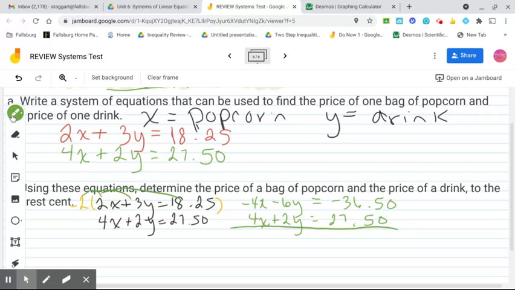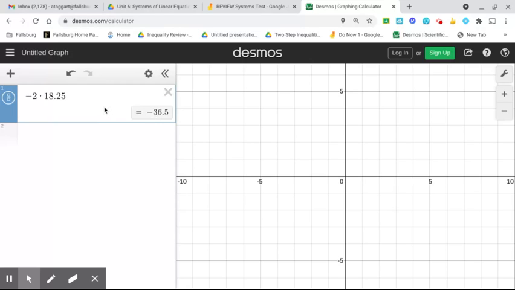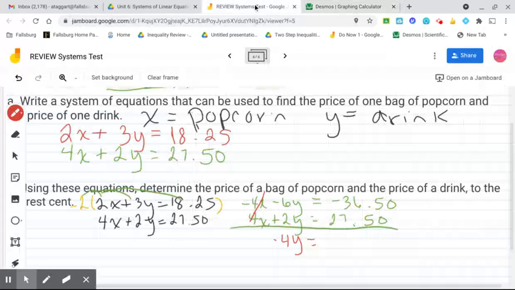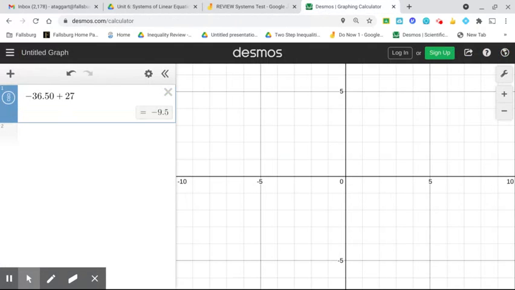Okay, so this right here, I'm going to be able to eliminate the X values because -4X plus 4X is 0. And I have -6Y plus 2Y gives me -4Y equals -36.50 plus 27.50. Let's see. -36.50 plus 27.50 gives me -9.